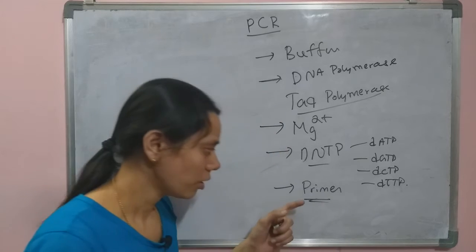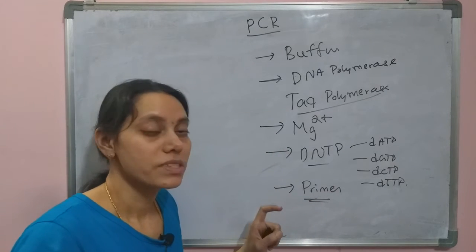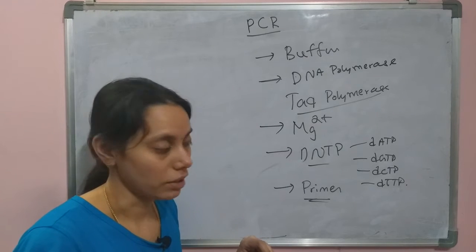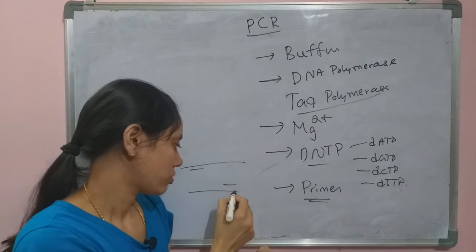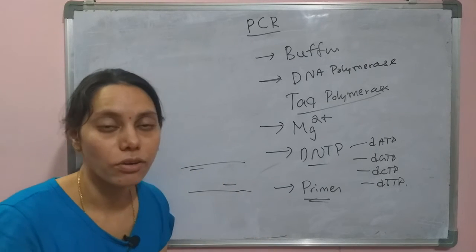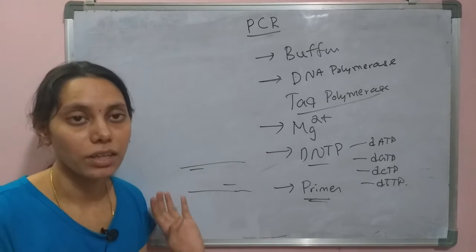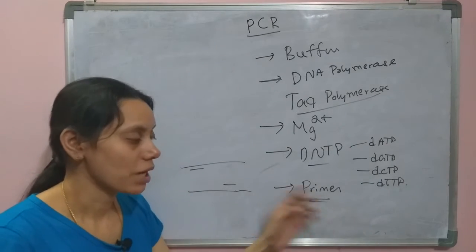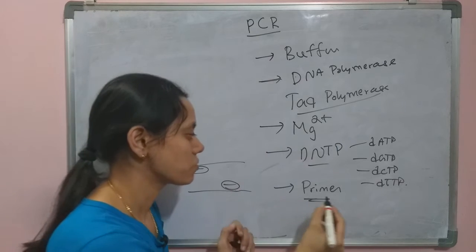Primer, as we already discussed, is the oligonucleotide sequence of DNA which is complementary to the target portion of the DNA that is going to be amplified. So here we selectively amplify a portion of DNA based on the selection of the primer set. That means we are going to use a forward and a reverse primer.